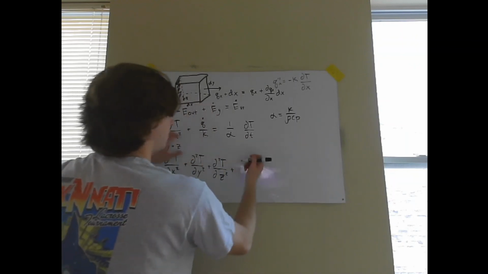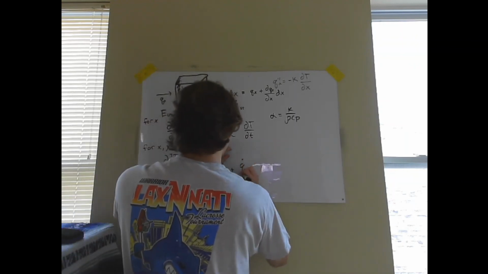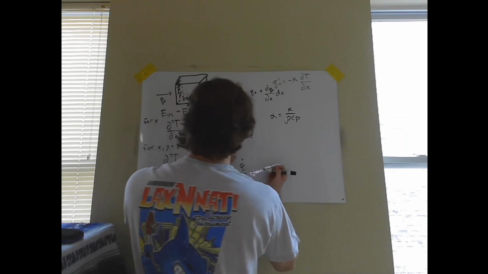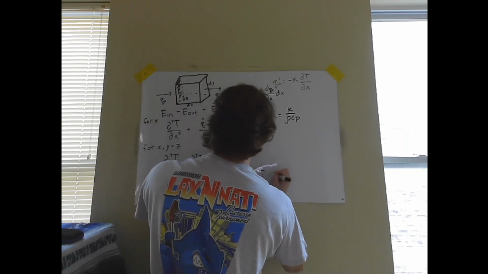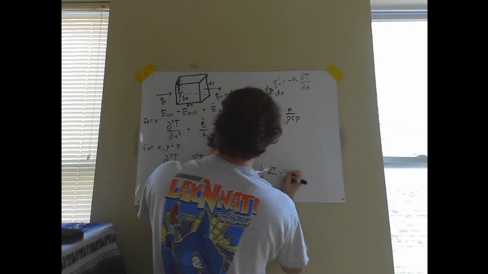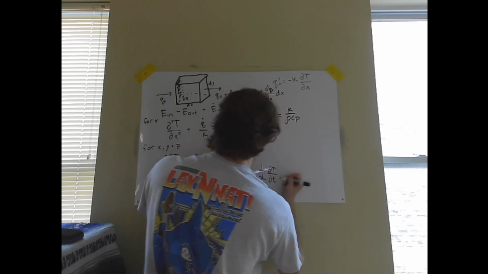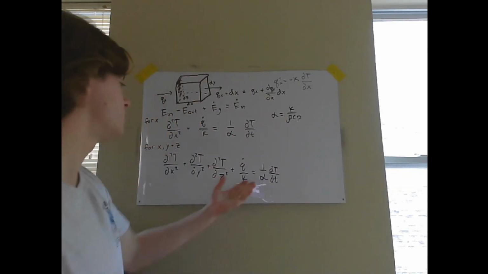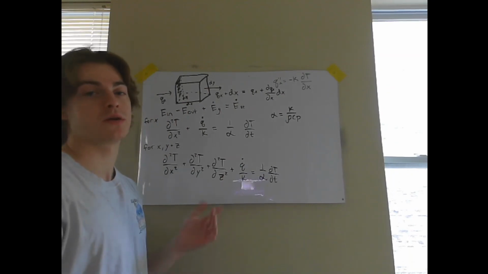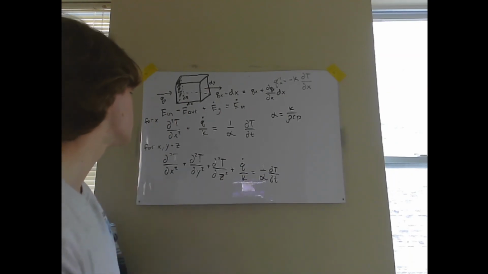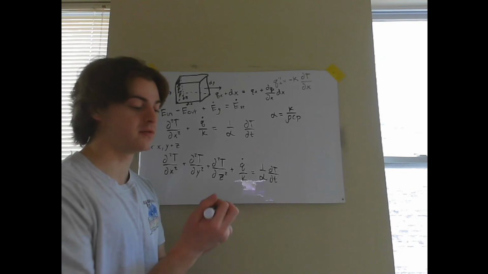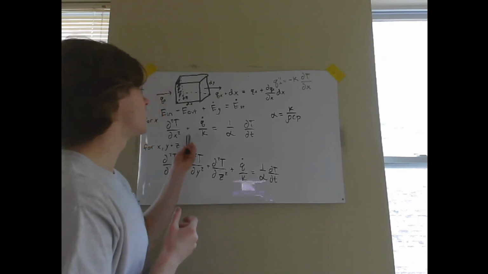And then we still have our heat generation rate over k, and that is still equal to 1 over alpha times the partial derivative of temperature with respect to time. And so this is the heat diffusion equation in Cartesian coordinates for all directions. But like I said, in the next couple of videos, we'll just be using the single direction one.